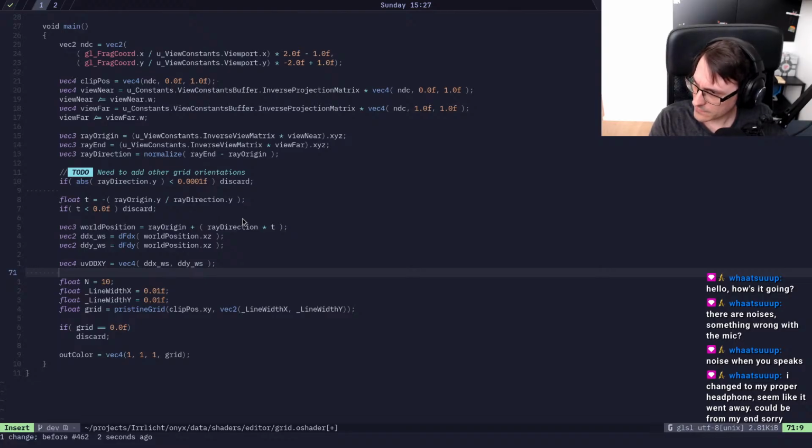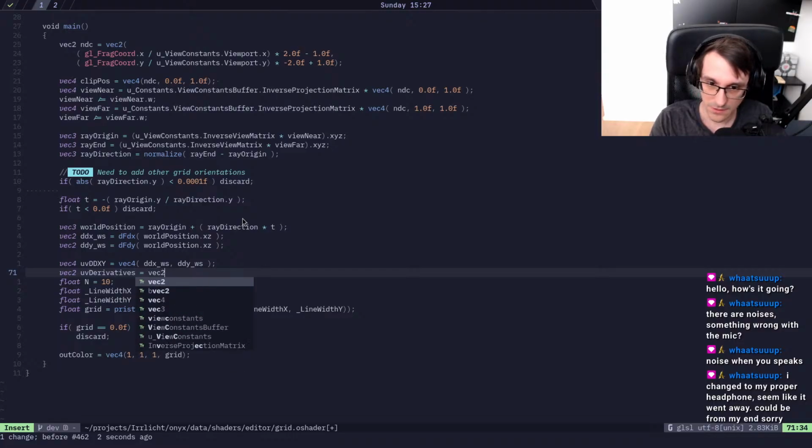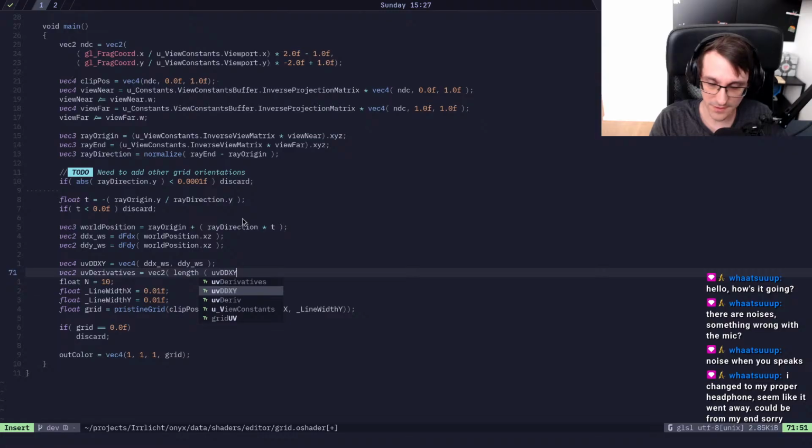And now we need the derivatives of that. Derivatives, I think, is the word, spelled correctly, hopefully. And that is the length of this in xz.